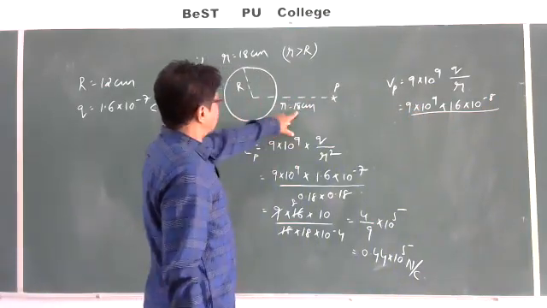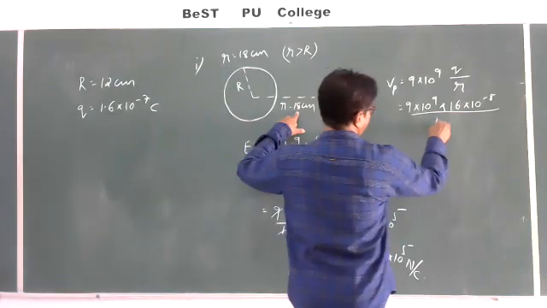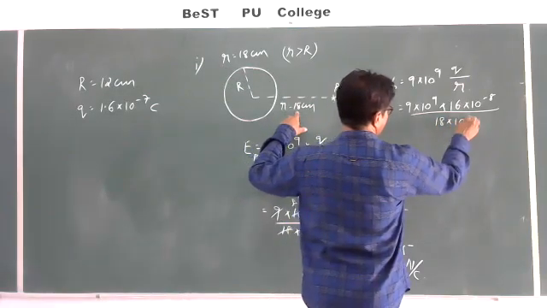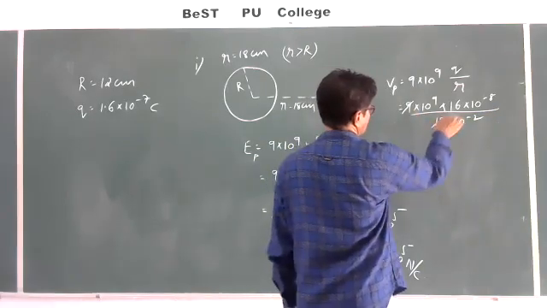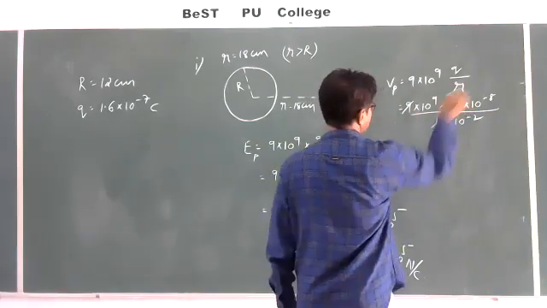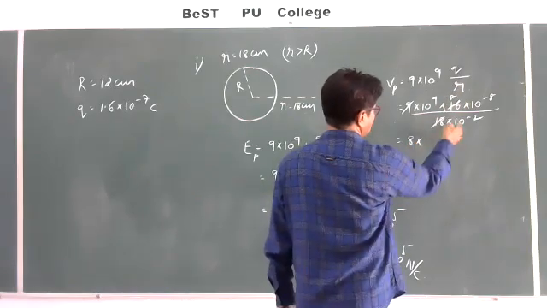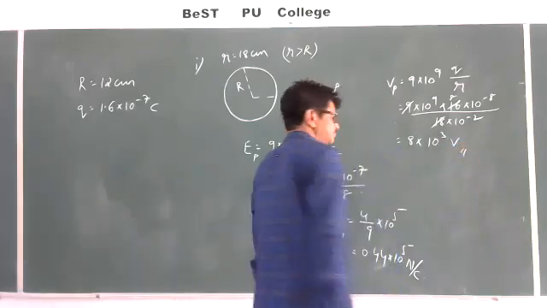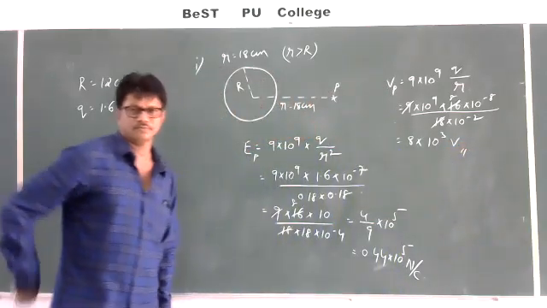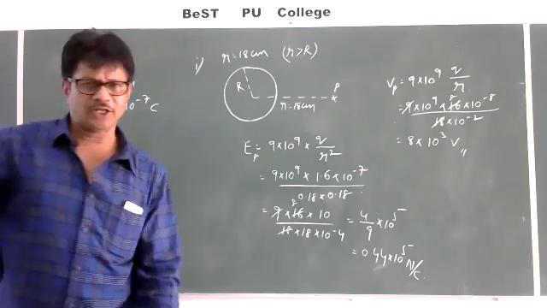Small r value is 18 centimeter; make it into meters, 18 into 10 to the power of minus 2. 9 ones are 9, 9 twos are 18, 2 eights. So 8 into 10 cube volts.